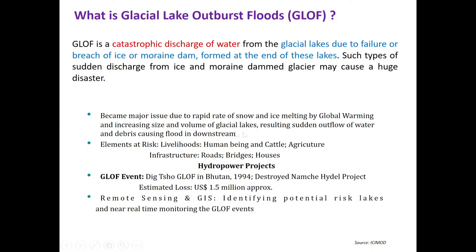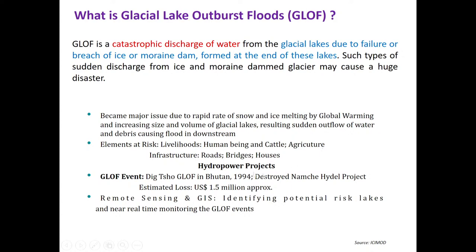So if you see the effects of the GLOF, there is a rapid increase in this kind of floods because of global warming, and because of the warming the glacial lakes are increasing in size, and they are bursting and causing hazards in the downstream.